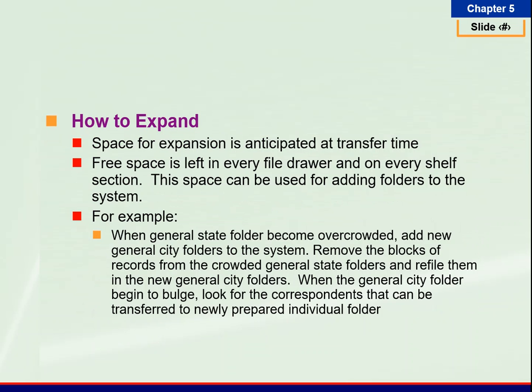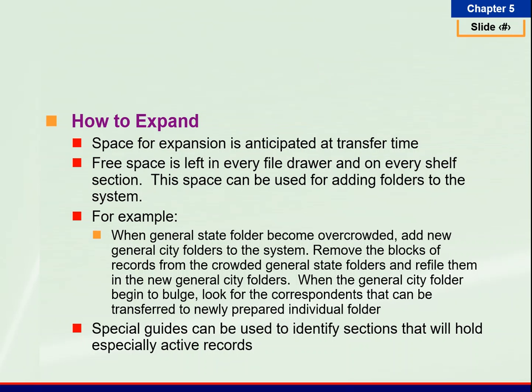And how are you going to expand this? Space for expansion is anticipated at transfer time. You expand when free space is left in every file drawer and on every shelf section, so this space can be used for adding folders to the system.